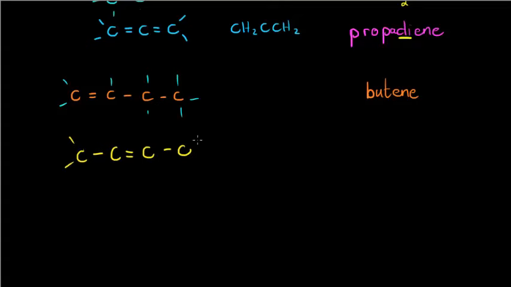Notice I still have only a single double bond, but this time my single double bond is between the second and the third carbon, while this one is between the first and the second carbon. So usually, technically this one could have been but-1-ene, okay?